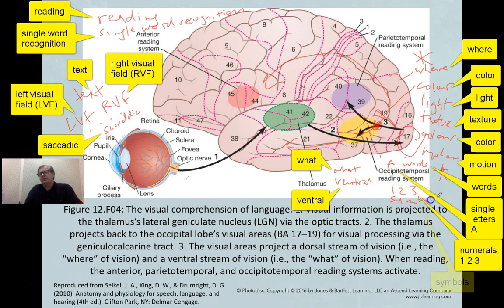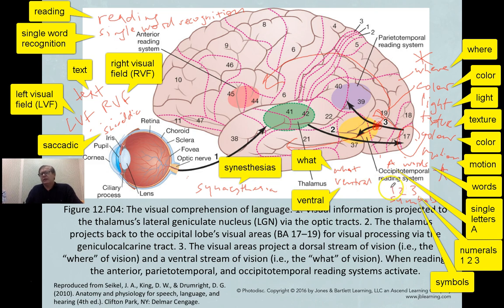Now, what's really interesting about this is that we observe in some people a phenomenon called synesthesia, which is the tendency to think of a number as having a specific color.